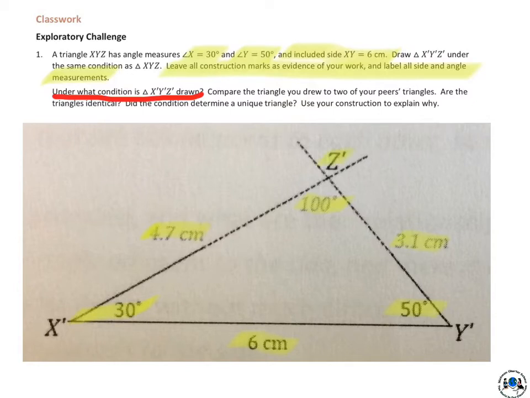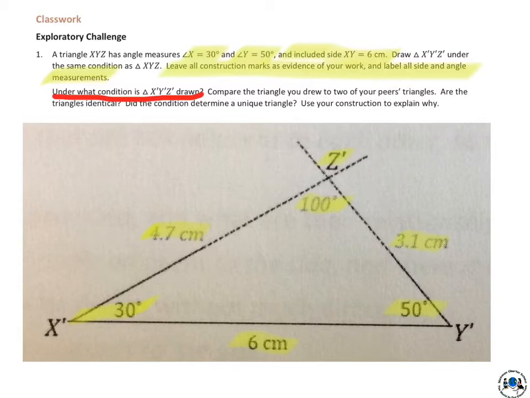Then we've marked our point up here, vertex Z, where those lines intersect. Again, if we compared our triangles to others in the class, we would have found out that they would have been identical, because this is indeed a condition that would produce unique triangles.